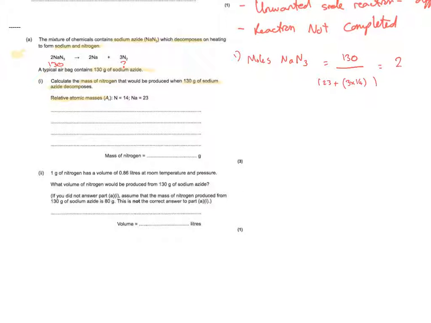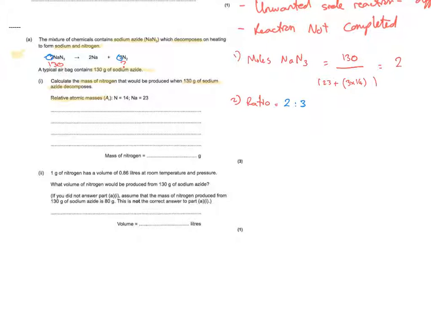Step 2 is the ratio. Now in this case, the ratio is not 1 to 1. Actually what we've got is 2 sodium azides turning into 3 nitrogens. So the ratio is 2 to 3.